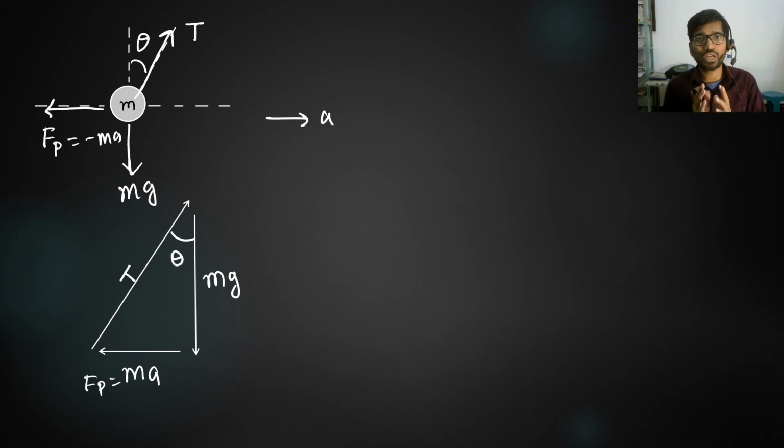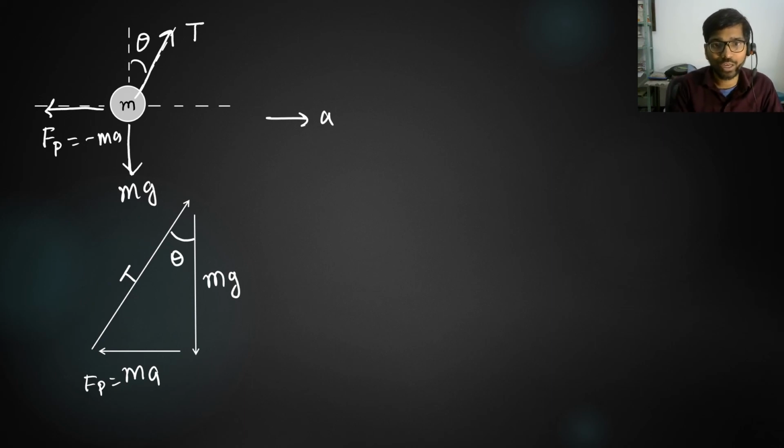Since the bob will appear to be at rest in the cart's frame, all the forces must add to 0. The sum of all the forces must be 0. Therefore, all these three forces will form a closed triangle.